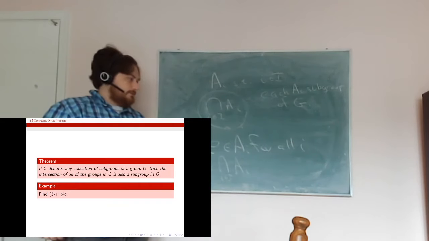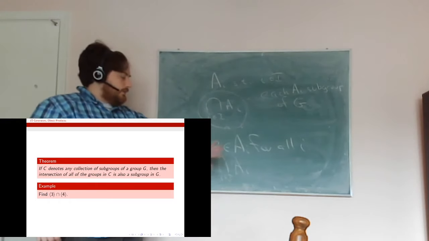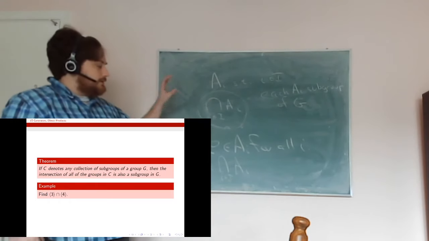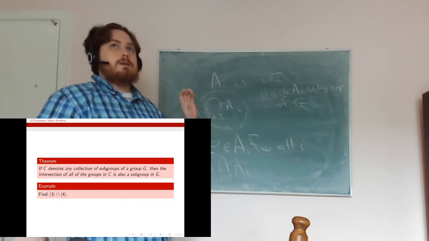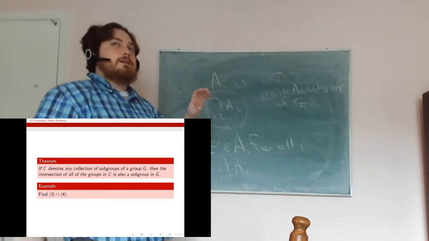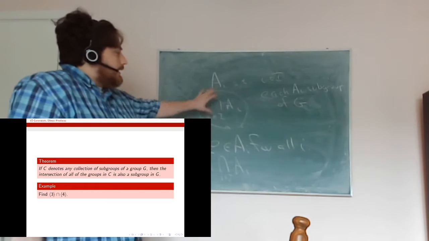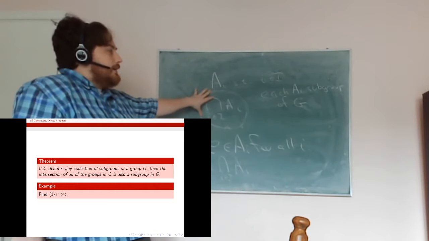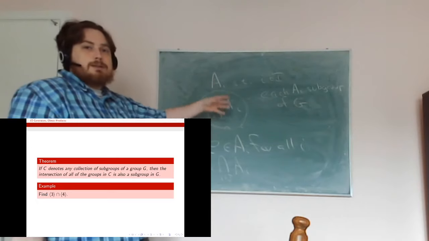Does that make sense? All right. So we know that the identity is in each of these. That's exactly right. Showing that the identity is in all of these shows that the intersection is not empty. And we know that the identity has to be in each of them because each of them is itself a group.